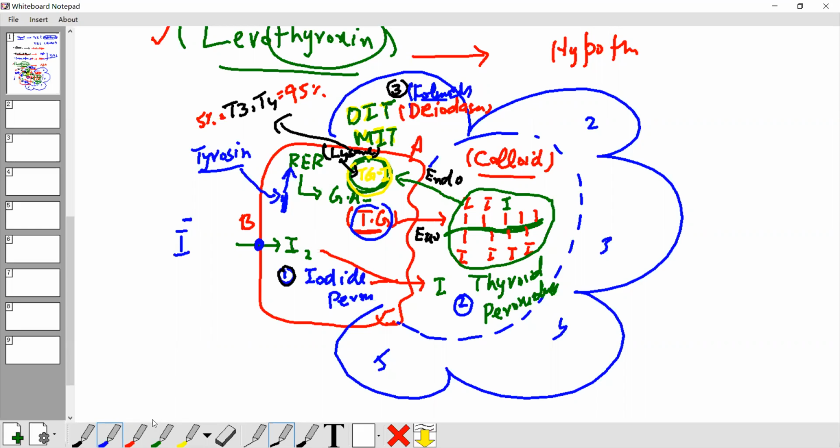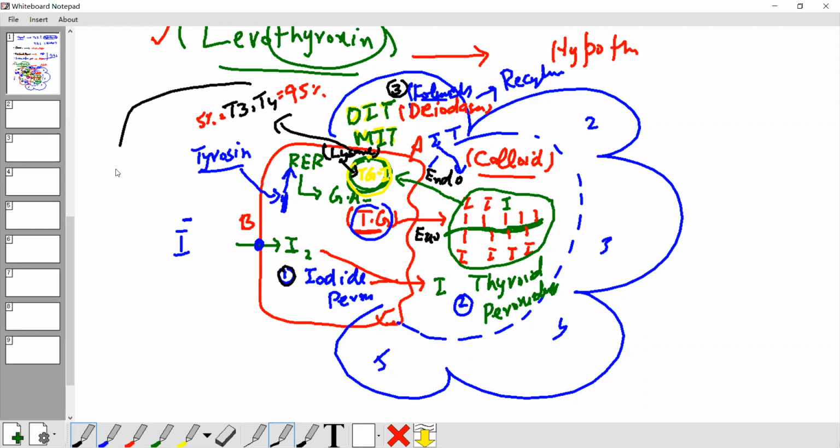What does it do? It separates the iodine from the tyrosine. This iodine again enters the colloid, and the tyrosine, after production of Tg, enters the colloid. So this enzyme is for recycling.